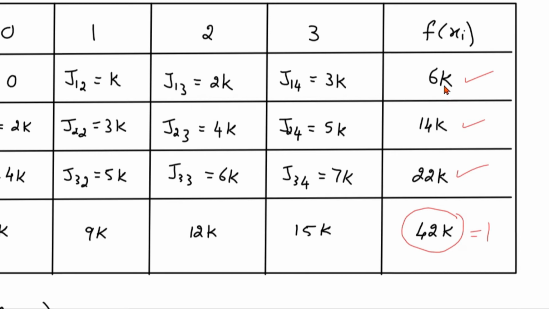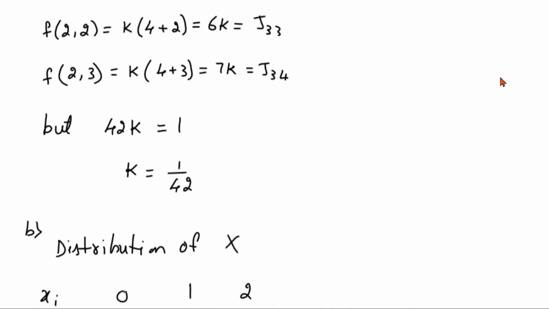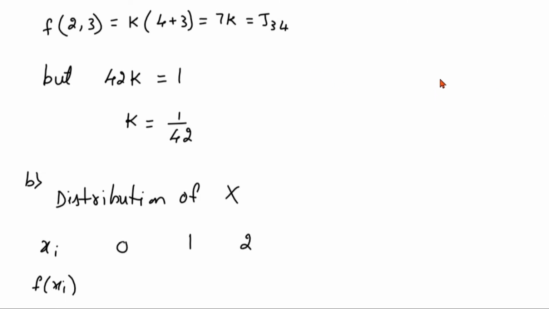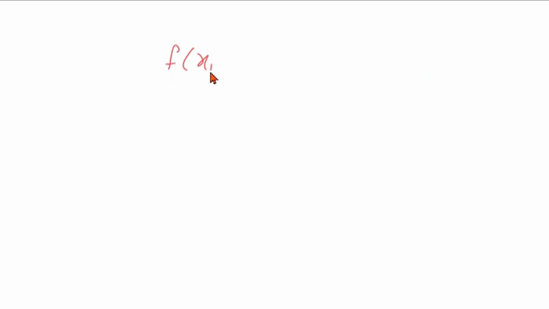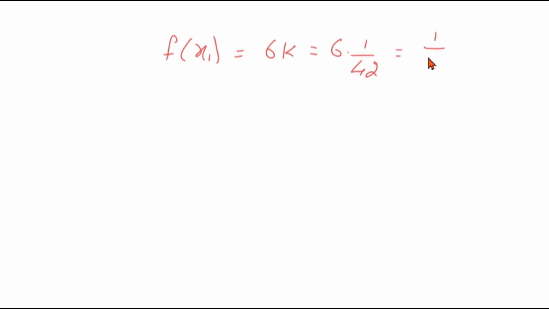But the value of K is 1 by 42. So plug in the value of K and evaluate the f of Xi values. The first value is 6 times 1 by 42, which will be 1 by 7. The next value is 14 times 1 by 42, which is 1 by 3.